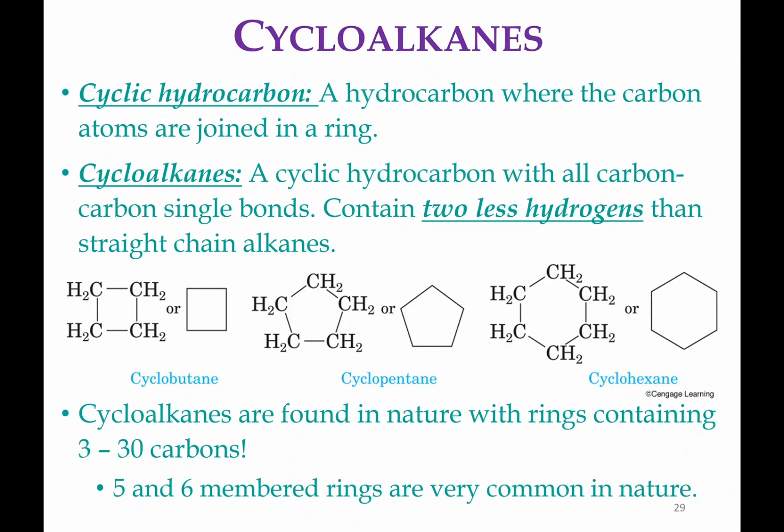Picking up where we left off, we're going to talk now about cycloalkanes. So cyclic hydrocarbons, these are carbons that form a ring, and there's going to be two less hydrogens. So the ring formula is going to be CnH2n, the same as for what we're going to see later, an alkene.